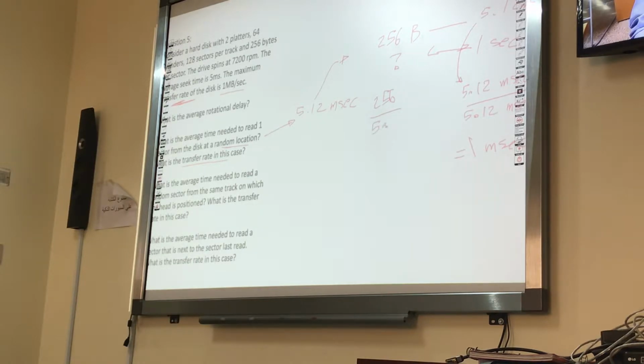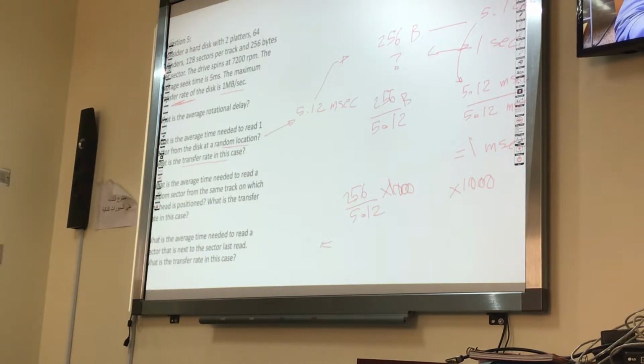256 divided by 5.12. That's how many bytes will transfer in 1 millisecond. And now I want 1 second, so I just multiply by 1000, because there are 1000 milliseconds in 1 second, right? So on this side also 256 divided by 5.12, multiply by 1000. Okay? So this is my rate. Let's see what is my transfer rate.